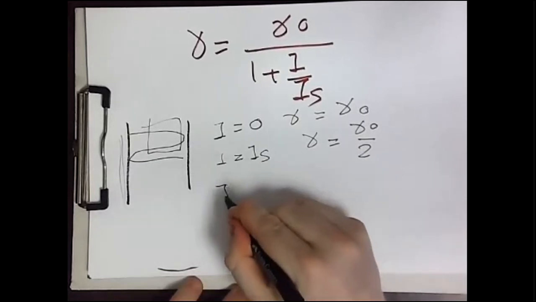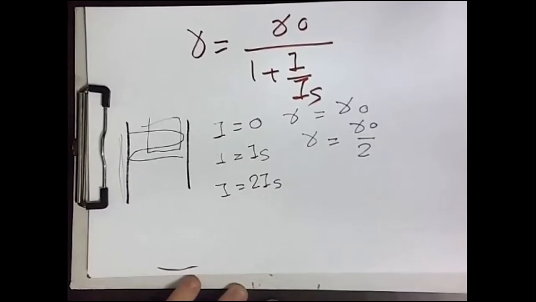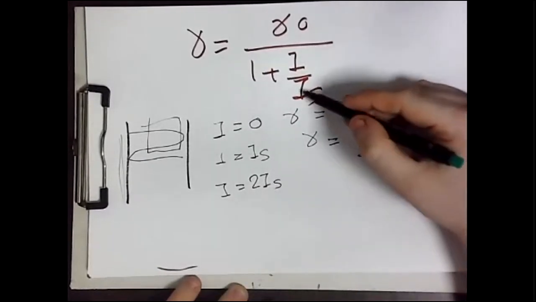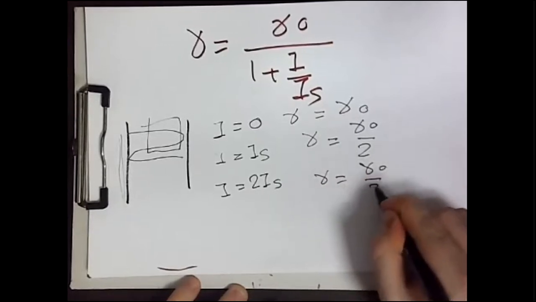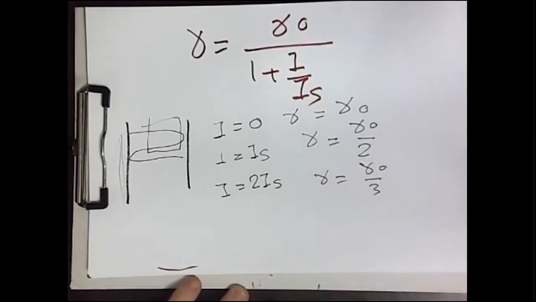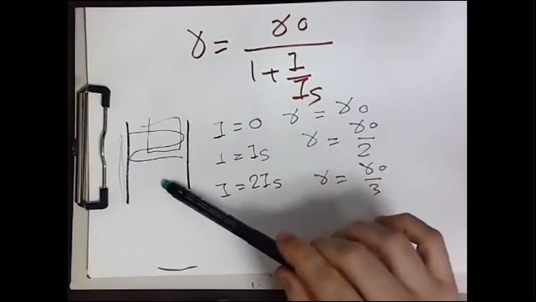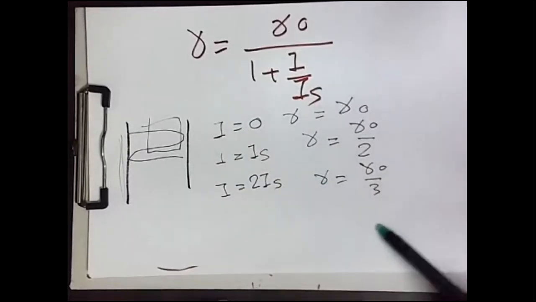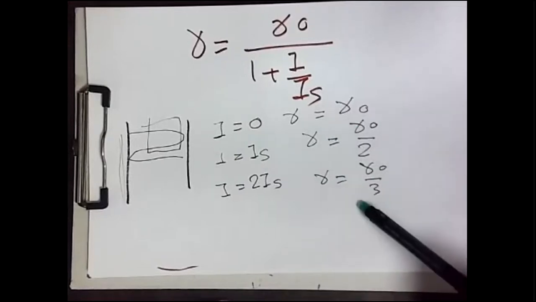Then the intensity will be 2 Is, for example. Then you have here 2 plus 1, 3, so gamma will be equal to gamma node over 3, and so on. As the intensity is amplified inside the optical cavity, the gain coefficient associated with the intensity is decaying.